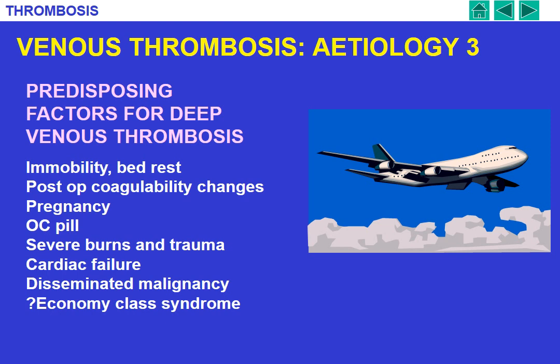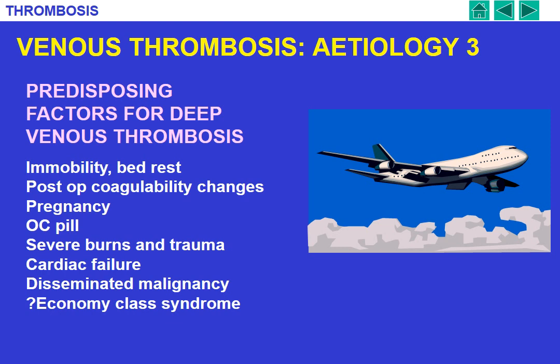Pregnancy is associated with a tiny increase in incidence of deep vein thrombosis in young women. In certain susceptible individuals, deep vein thrombosis can be promoted by certain types of oral contraceptive pill.